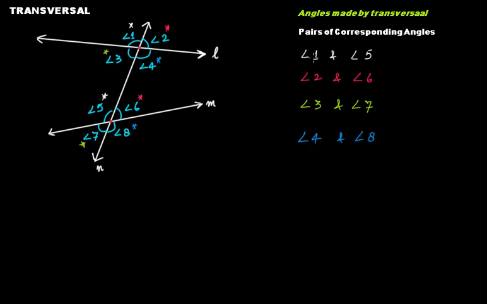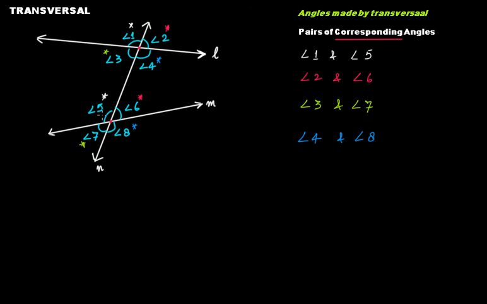These different pairs of angles are pairs of corresponding angles, where the term corresponding refers to those angles which are corresponding, either upside or downside, right or left to these three lines. Like 1 and 5 are pairs of corresponding angles.